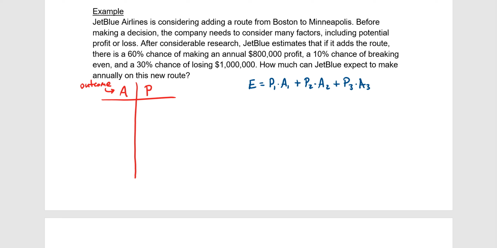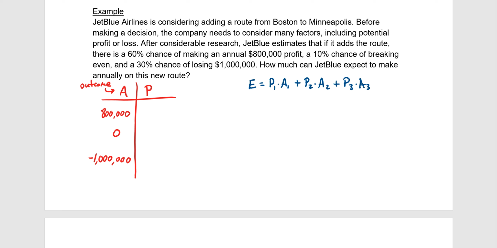Outcome 1 is that they make positive $800,000. Outcome 2 is that they break even, which means they make $0. If they lose $1 million, we have to put negative $1 million. This is where it gets a little tricky: if you're losing money, make sure you include the negative.